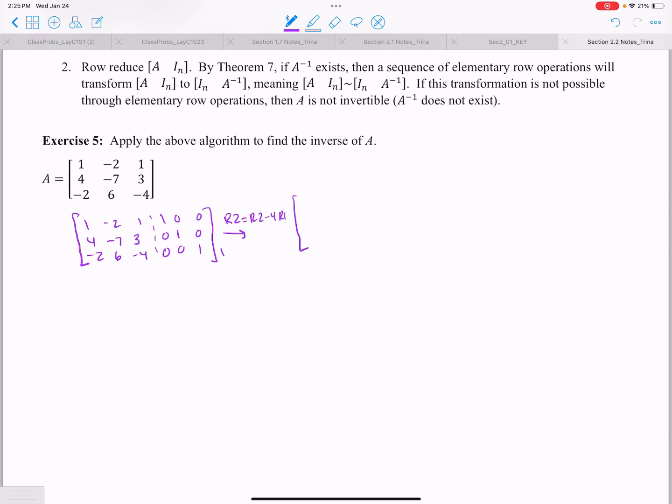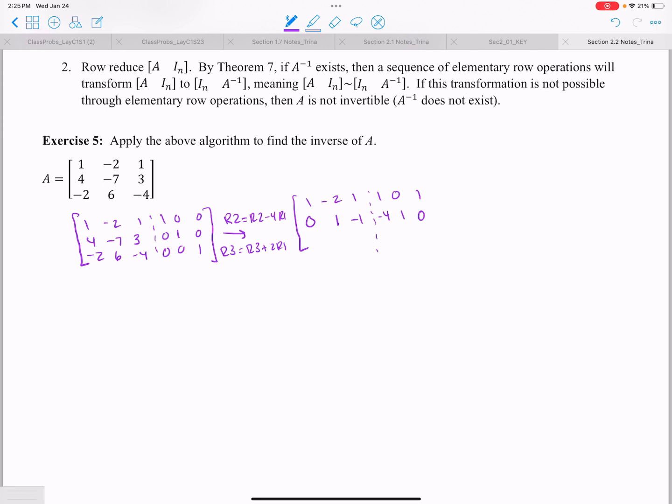At the same time, I'm going to say row 3 equals row 3 plus 2 row 1. So my first row is not changing. Second row is going to be 4 minus 4 is 0, negative 7 plus 8 is 1, 3 minus 4 is negative 1, 0 minus 4 is negative 4, 1 minus 0 is 1, 0 minus 0 is 0.